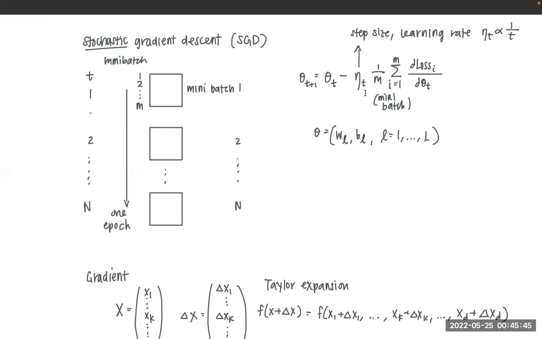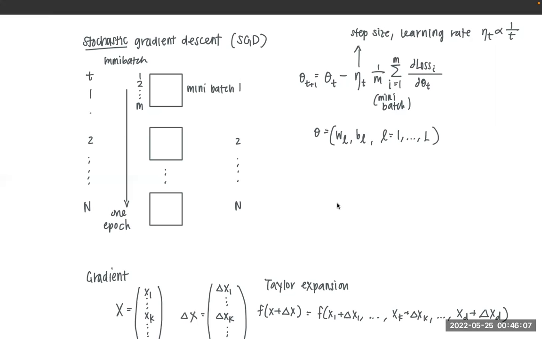And this eta t is the step size, sometimes also called the learning rate. In the traditional stochastic gradient descent algorithm, the theoretical learning rate is something like 1 over t. But in modern optimizers, they have a more sophisticated schedule of the learning rate.